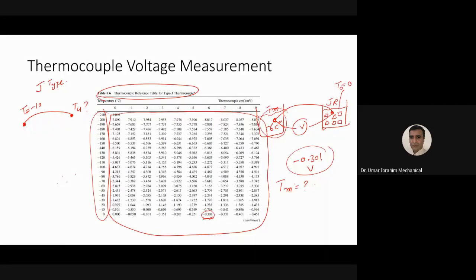And let's suppose this is our voltage. And let's suppose this is another thermocouple.